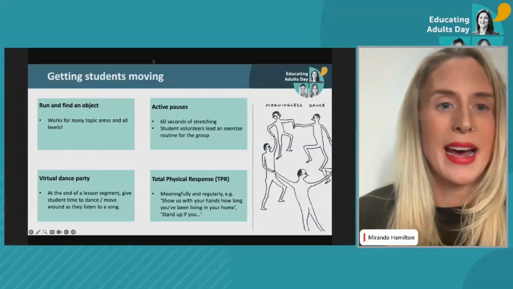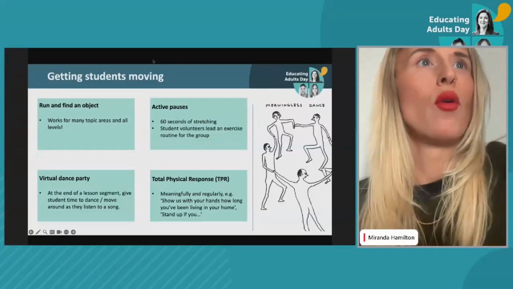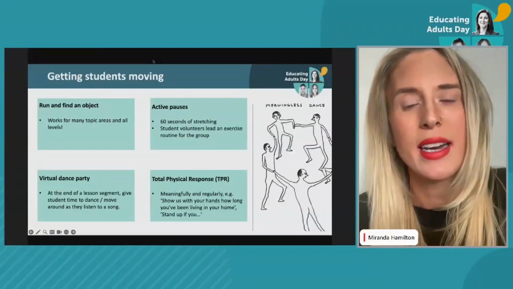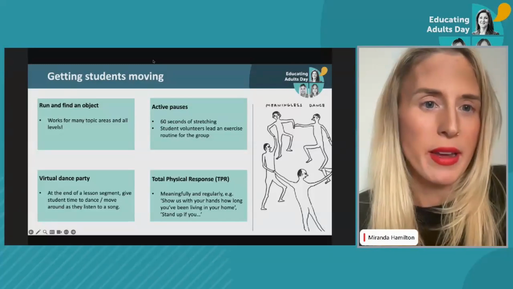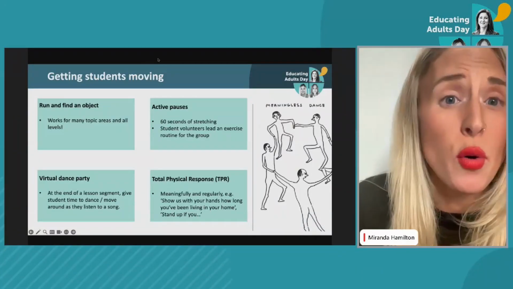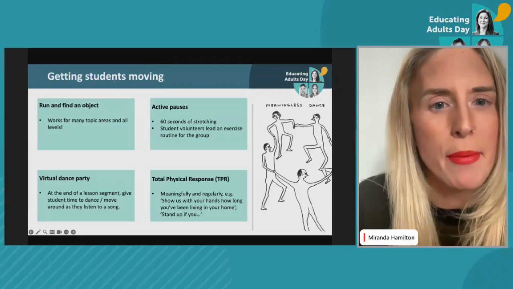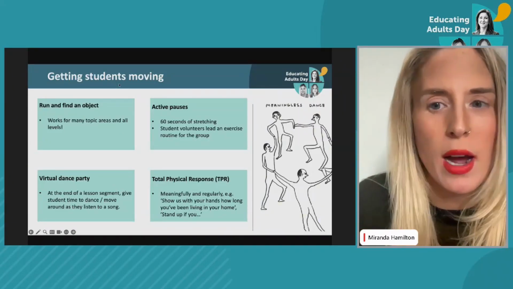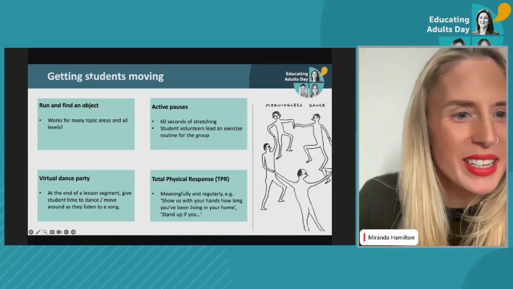So sit down if you went out for lunch last weekend. Sit down if you went on holiday, if you went away for the weekend, etc. So there's 4 ideas there. Just put in the chat box which one you'd most like to try, which one you think would most work for your learners.